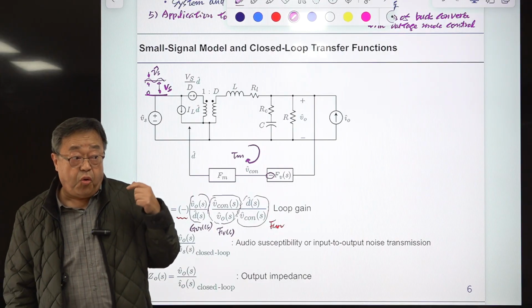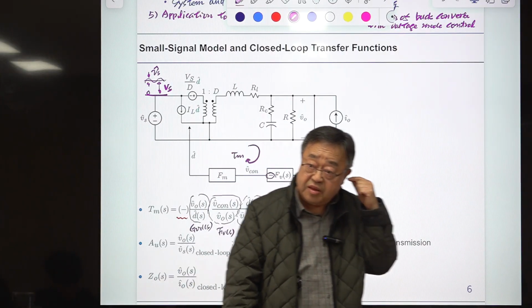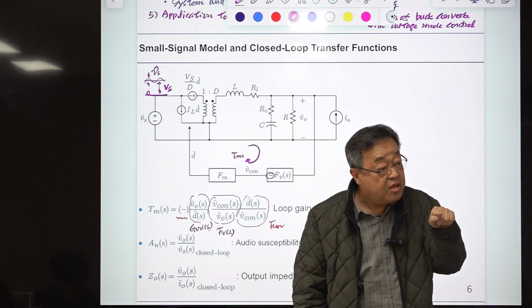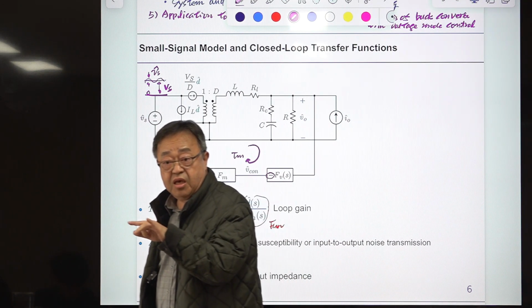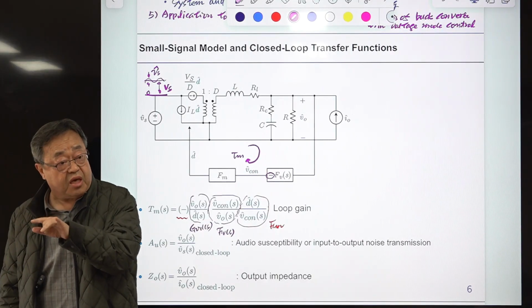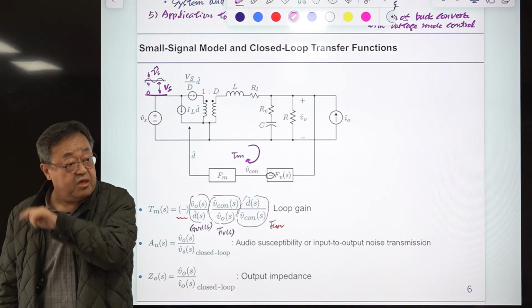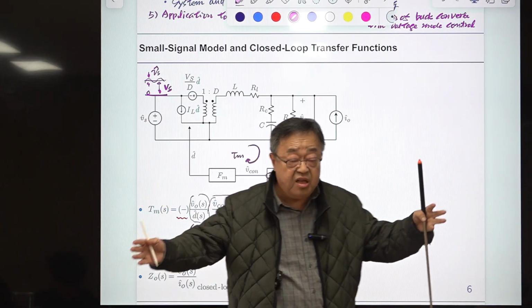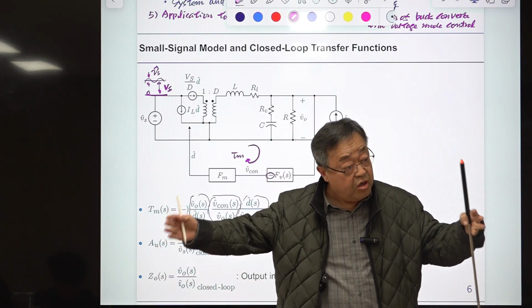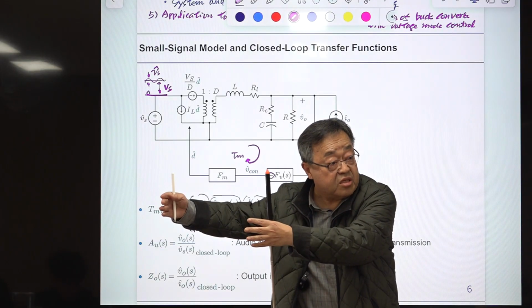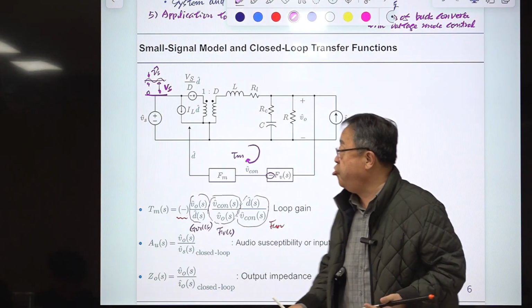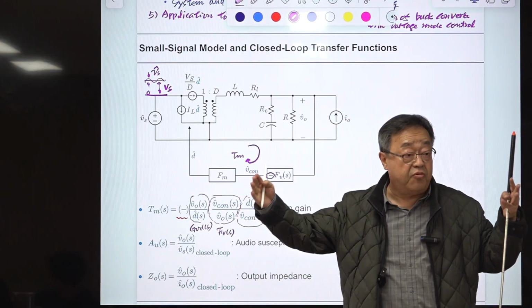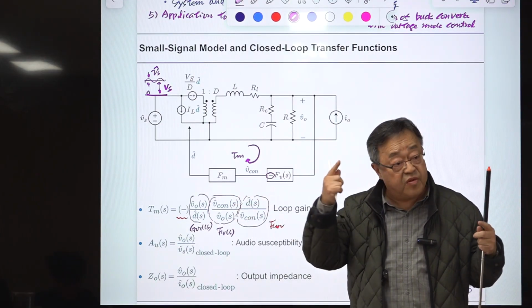The lowest frequency a human can hear is maybe 20 hertz, and the highest frequency a human can hear is 20 kilohertz. So audible frequency is any signal in the range of 20 hertz to 20 kilohertz. In the past, the switching frequency of this converter fell in the audible range, maybe 1 kilohertz.